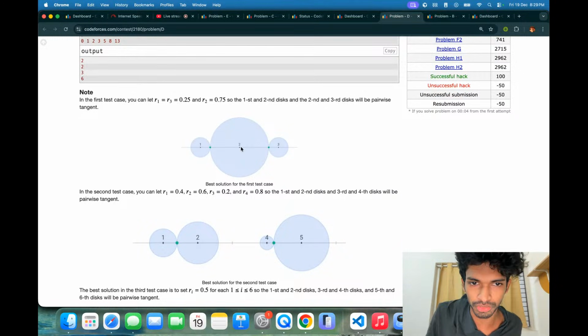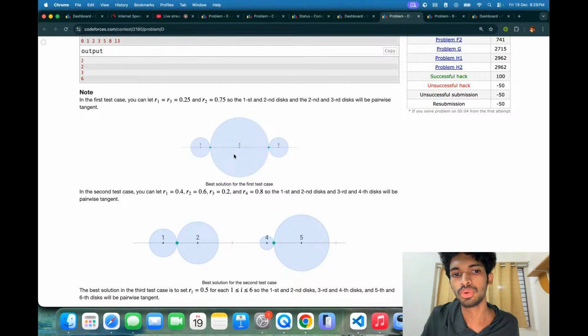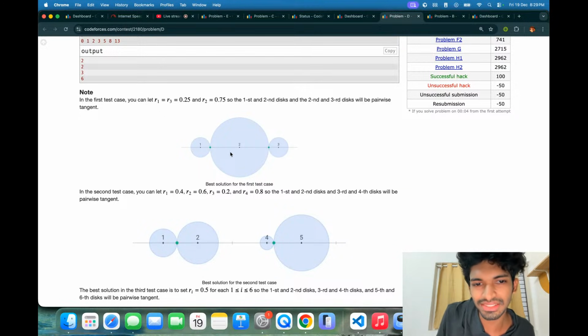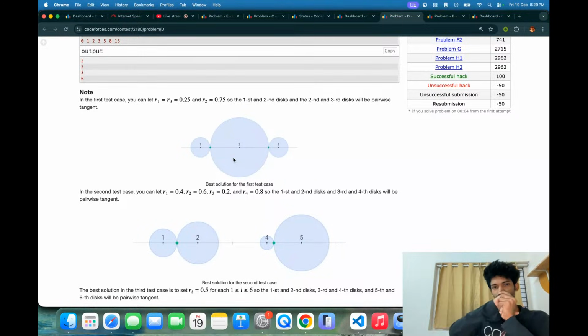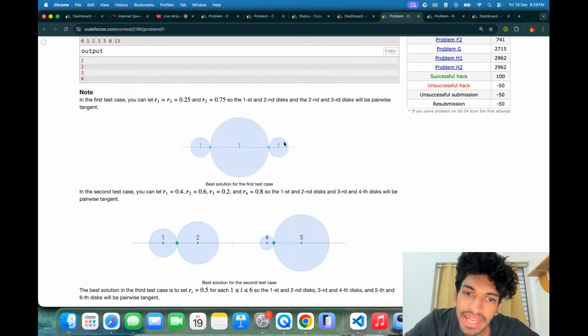Now you have two. But the fact is, two has a radius bound. Two has a left side radius bound. Two cannot exceed this radius bound. That's always there. One doesn't have such a thing. So when there is this radius bound, three has this radius bound. All of them have that radius bound.